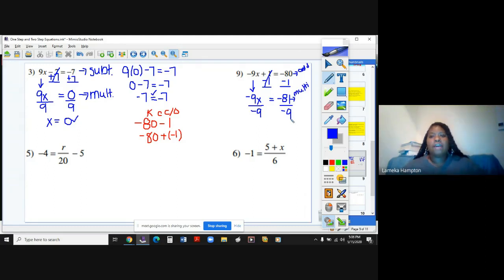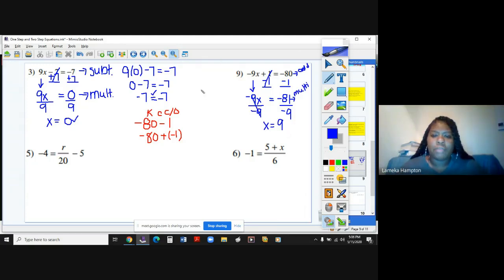So now, again, reinforcing the rules of integers as it relates to division. A negative divided by a negative gives me a positive. So my answer would be 9. So that's my answer because I have a negative 81 divided by a negative 9 and it gives me a positive 9.